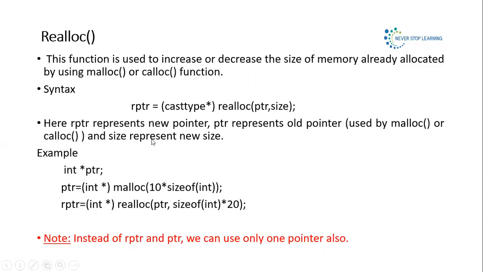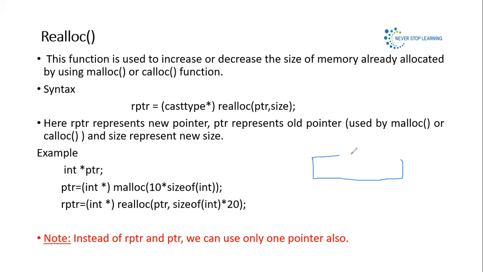Here it will be more clear with the help of an example. We are taking a pointer variable with the name ptr. In this ptr, we are allocating the memory. As I have already told in the previous lecture, if you have not gone through the malloc slides, please have a look at them. So what will happen? 10 into sizeof int. Now we all know that an integer takes 4 bytes. So 10 into 4 means a 40 bytes block.